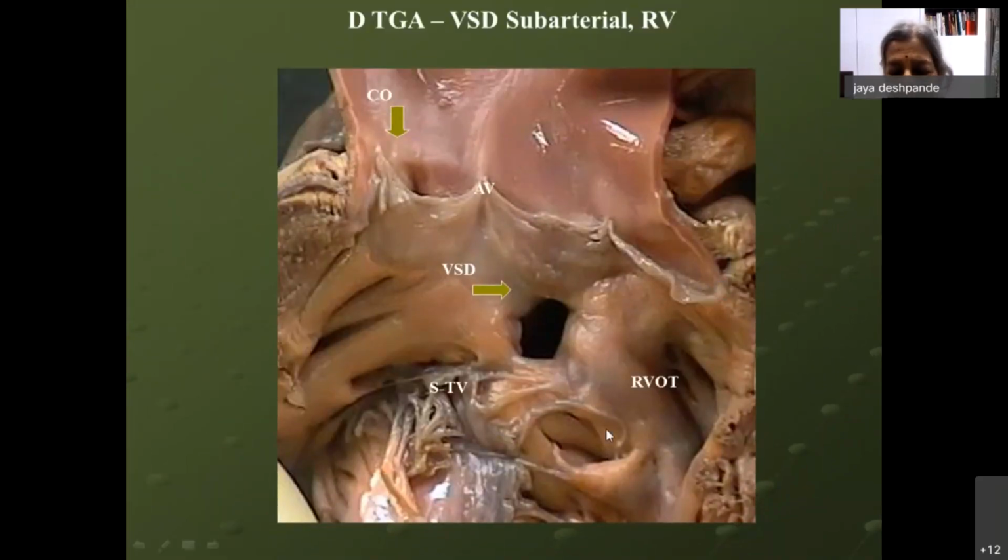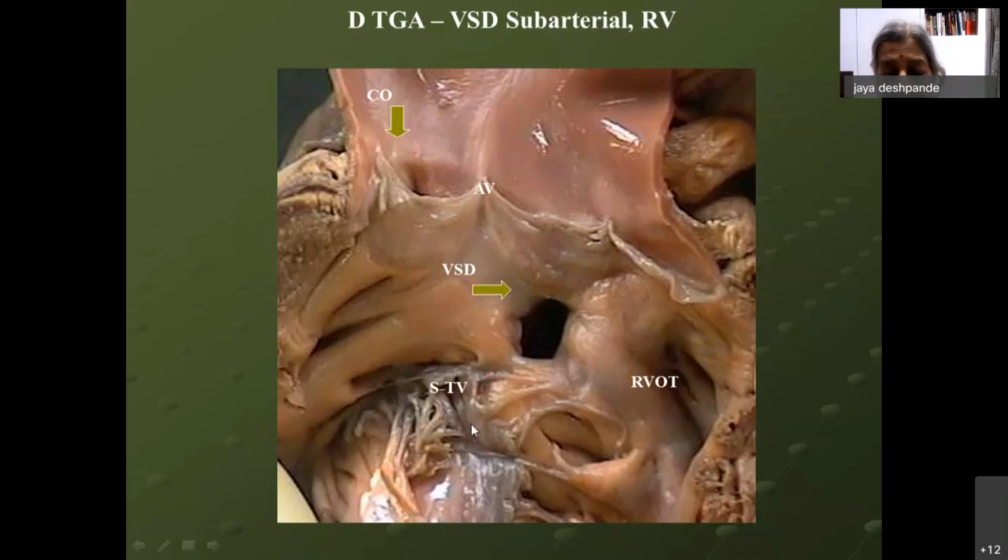Here you have right ventricle with a subarterial VSD. So this VSD is just beneath the aortic valve. So you saw perimembranous VSD, you saw muscular VSD. Now this is an example of subarterial VSD, the right ventricular outflow, and here you have the VSD just sitting beneath the aortic valve.